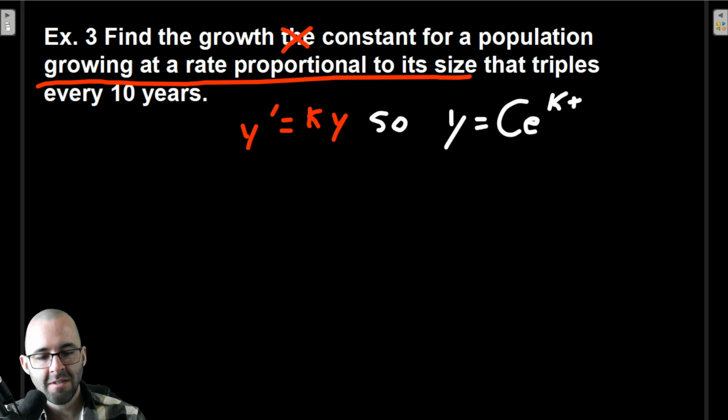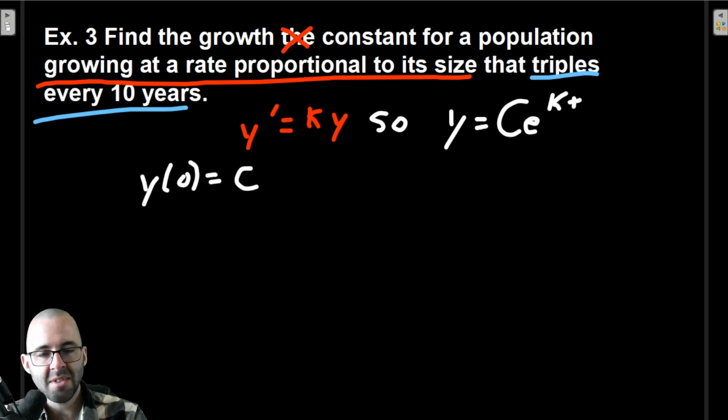Do we have an initial condition? No. Do we have a k? No. But we do know that it triples every 10 years. So I don't know how many it starts with. Y of 0 equals some c value, but we don't know c.